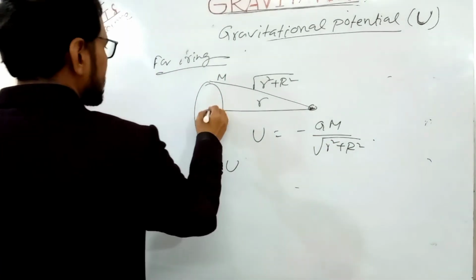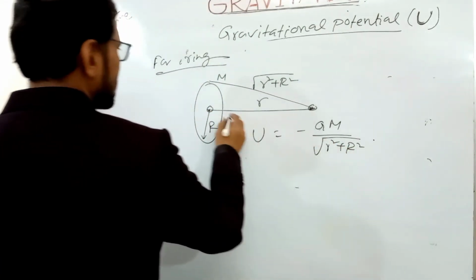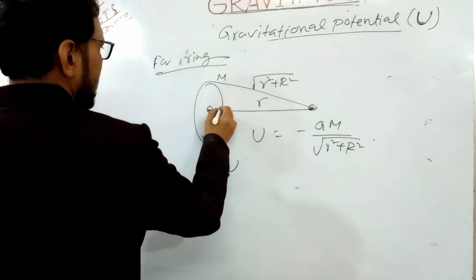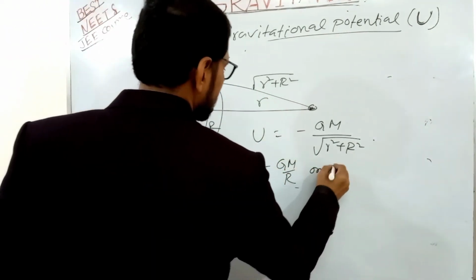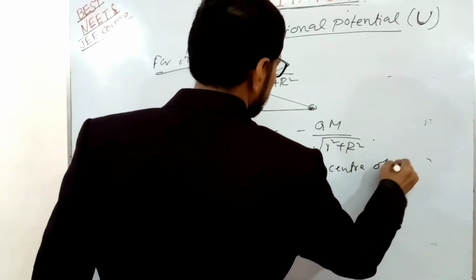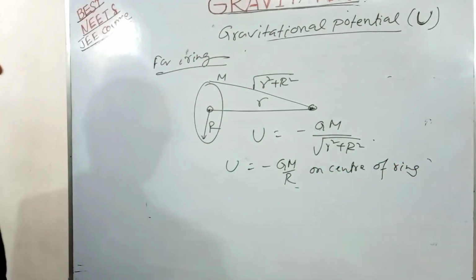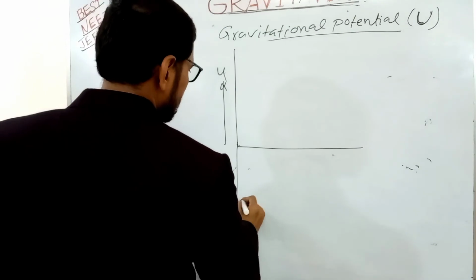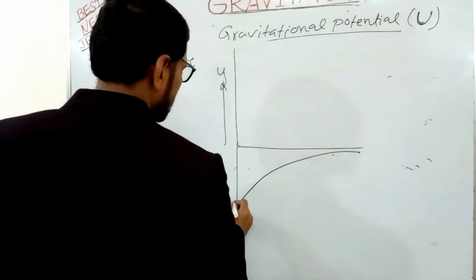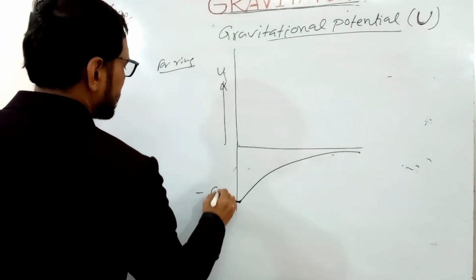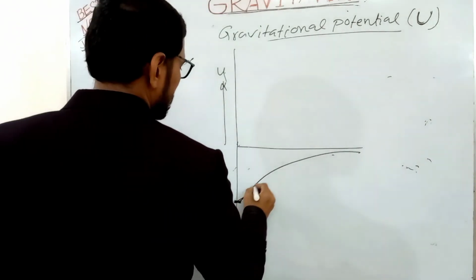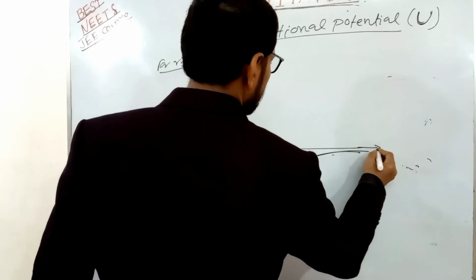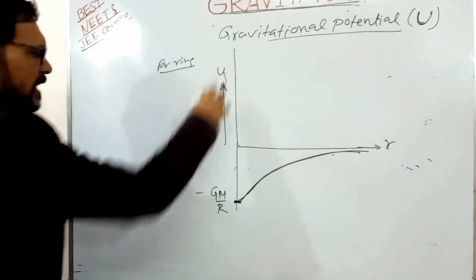Now at the center, r equal to 0, so the value will be minus G M by R at the center of the ring. This is the graph. The minimum value is minus G M by R, then the value decreases like this way. This is r, this is U, so for a ring the graph will be this.